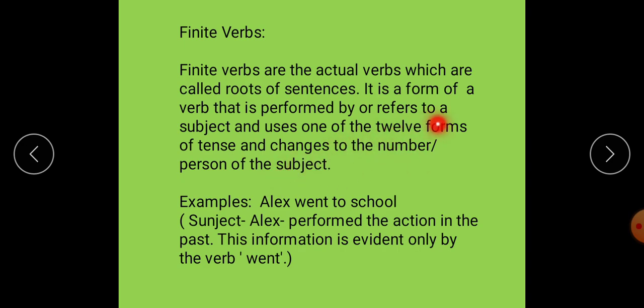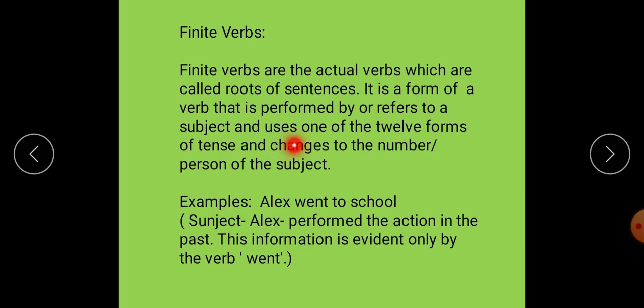Here the 12 forms of tense means tenses are three types: present tense, past tense and future tense, and these three types are further divided into four types.